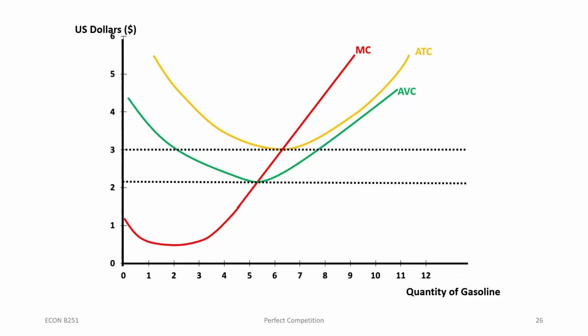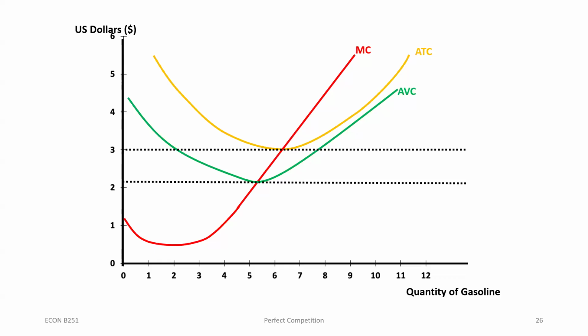And then what about this area in the middle? Anytime I have a price in this range, if marginal revenue is equal to marginal cost here, price is going to be what? Below my average total, but above my average variable.